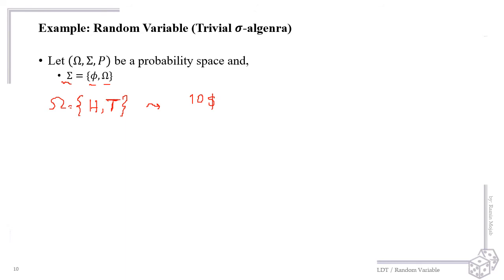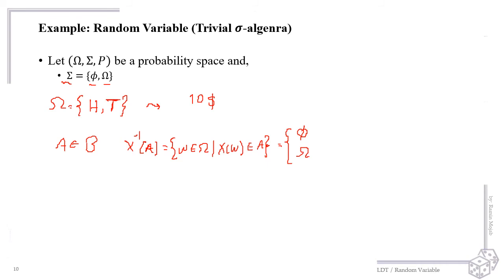Here, for any A in the Borel sigma algebra, the inverse image of A under X is the set of W in omega such that X of W is in A. And here, this is either the empty set or omega, which means that its probability is either 0 or 1.